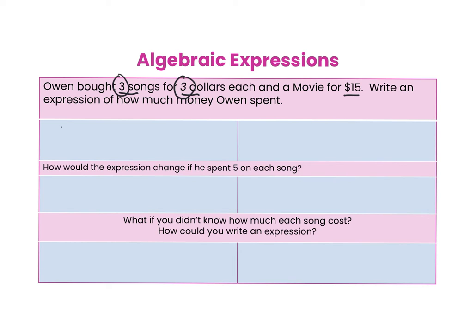So we can write that as 3 times 3. Right, there's the number of songs. And that is the money per song. And then we also bought a movie, or we didn't. Owen sure did, though. So sorry, this is getting kind of messy, but that's a movie.